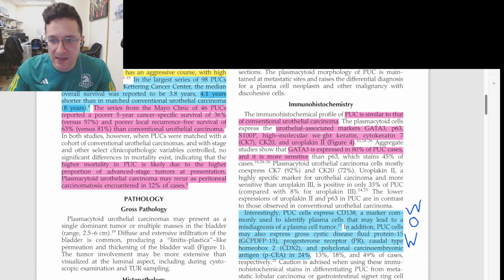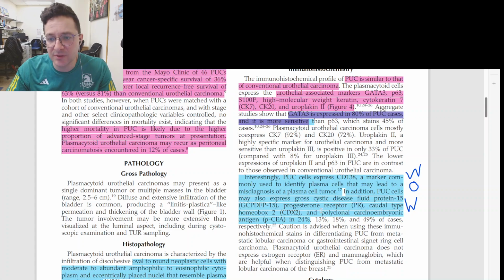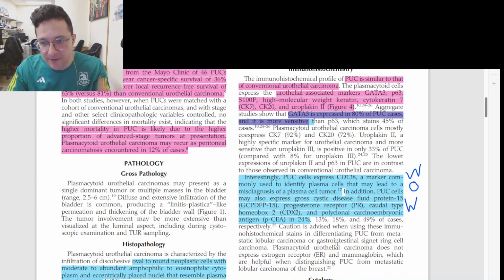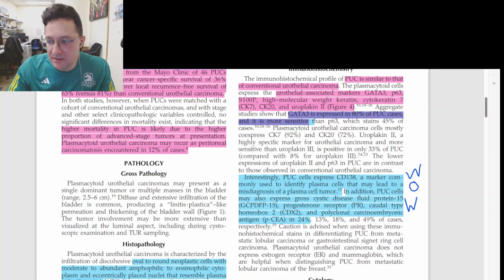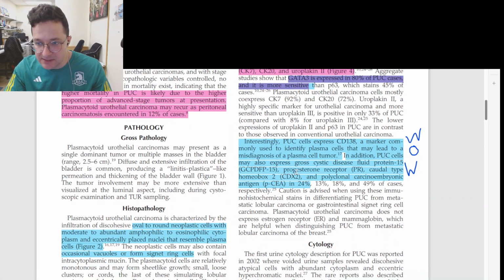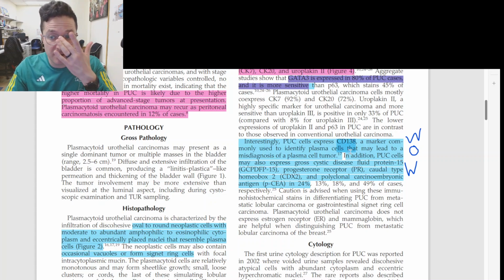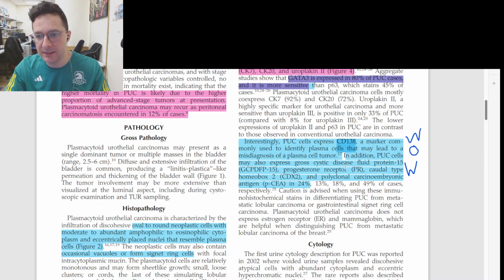So you can expect GATA3, P63, S100, CK7, CK20, uroplakin, and GATA3 is more sensitive when you compare it to P63. The crazy part about this one, and I didn't know this, but from my reading, is that these cases stain for CD138, which is a plasma cell marker, which is very cool. You don't get that many. To me that's cool. So, just a high yield factor.